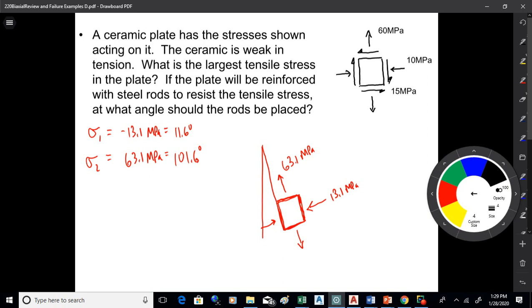On those planes that are drawn there, what's the value of the shear? I'll give you a hint. It's not very big.